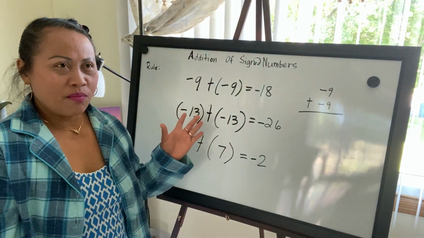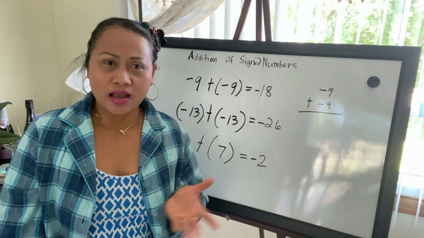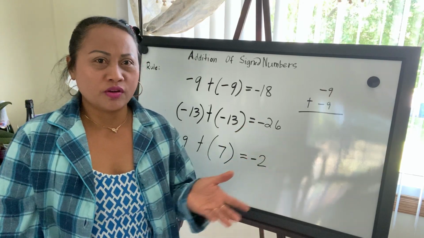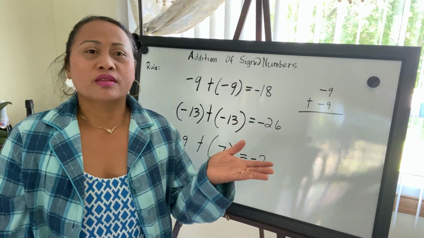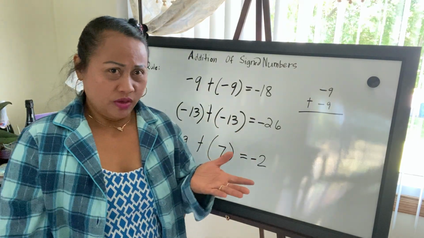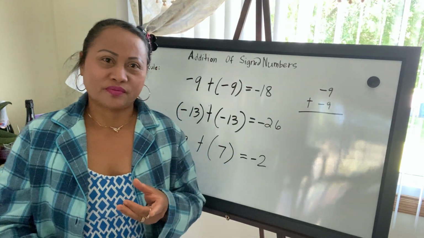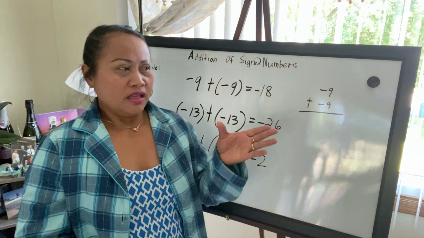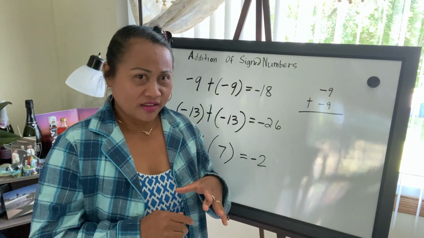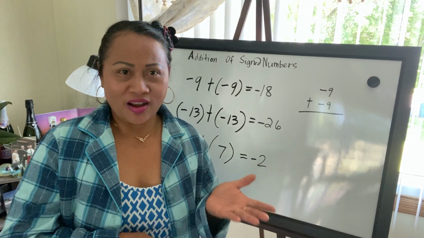And adding numbers with a like sign, we have to add. Like positive 8 plus positive, positive, positive, you have to add. Negative plus negative, you have to add the numbers and bring down the common sign. And adding numbers with a different sign, subtract. Adding numbers with like signs, you have to add.